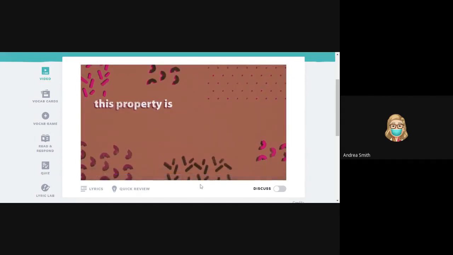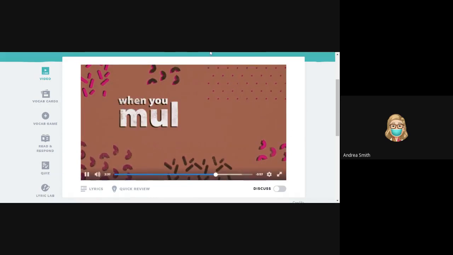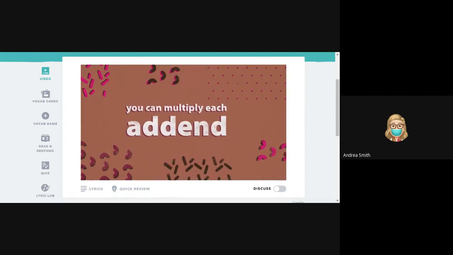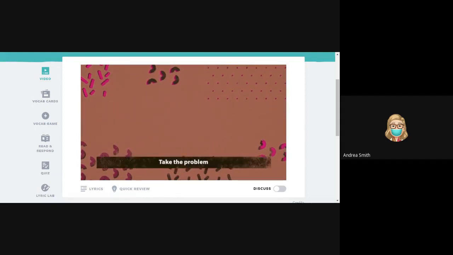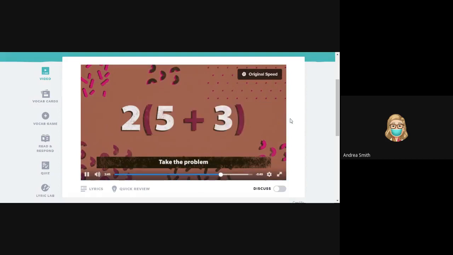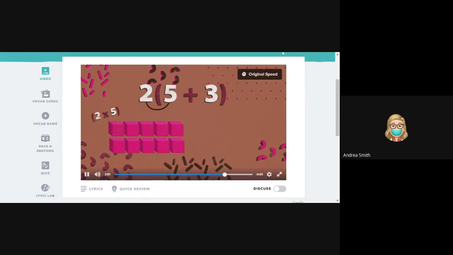This property is distributive, and when you can use it, it's limited. When you multiply a sum, you can multiply each addend and then add the products up. Take the problem 2 times 5 plus 3, and the 5 plus 3 is in parentheses. You can multiply the 2 times the 5, and then multiply the 2 by the 3.